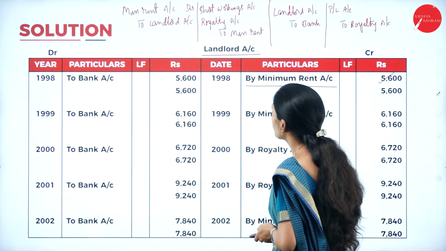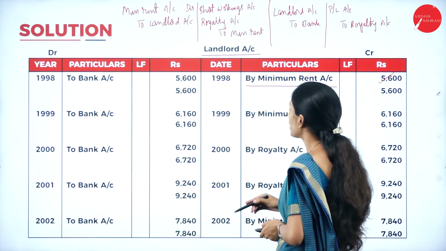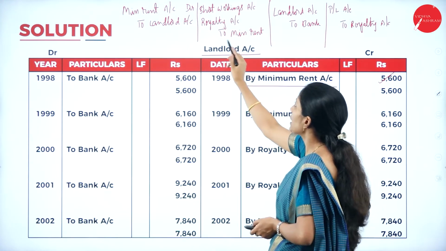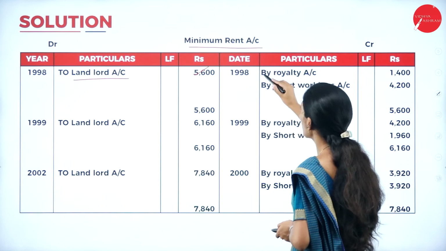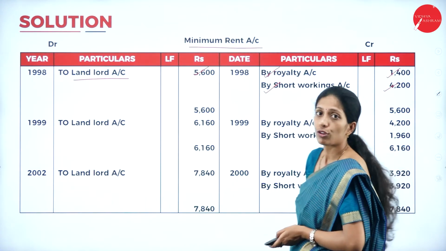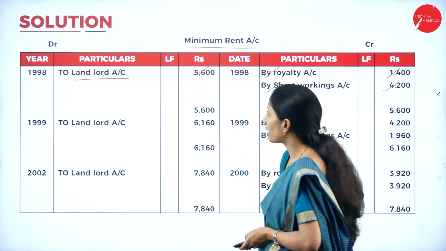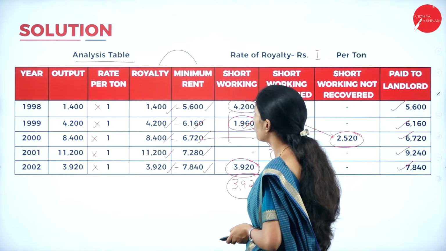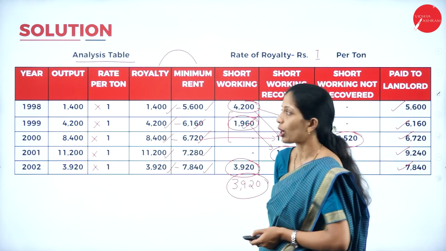Now come to the second one. Short workings account debtor, royalty account debtor to minimum rent. Now how do you write in minimum rent account? In minimum rent account you will write by royalty, by short workings, that is 1,400 and 4,200. So how did you get 1,400 and 4,200? If you see the analytical table, 1,400 is royalty, 4,200 is short workings.